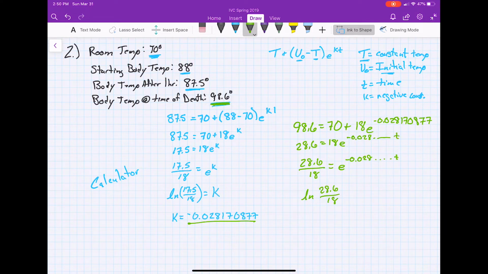Oops, I forgot to put my t's here. This has to be equal to something. All of that is going to be divided by a negative 0.028170877, and that's going to be equal to our time. You plug all this into the calculator, and you will get time is equal to negative 16.437.